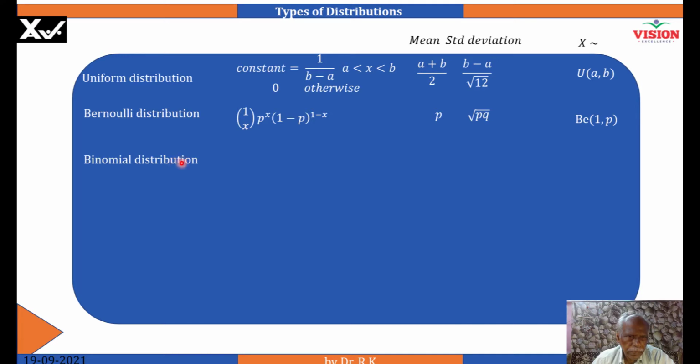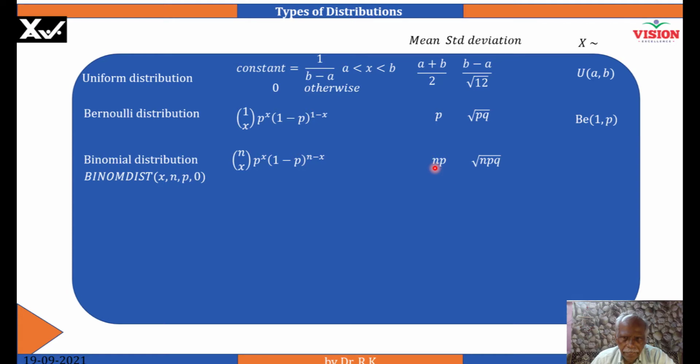Binomial distribution is same as Bernoulli distribution, but instead of only one event, n number of events. The events have occurred n times. It is given as x, n, p, 0. That is, 0 is for the mean is 0 in this case. nCx, p power x, 1 minus p power n minus x, where n is the number of events, number of occurrences.